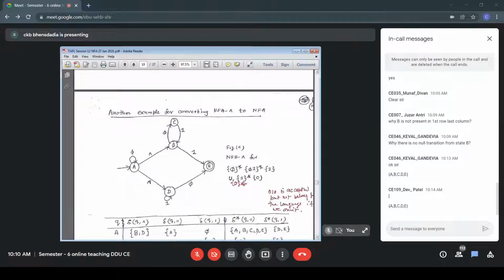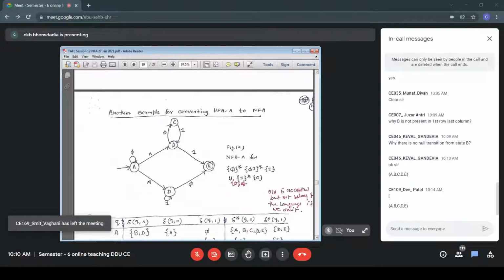Delta star A0. A on 0 is A. Null transition to B and D, so B, D will automatically come. We consume 0 in state A, therefore the answer is A. After consuming 0, answer is A. Then there are 2 null transitions, so B and D will automatically come. A, B, D automatically will come. The second option, we don't consume 0. So A to B on null, so far 0 not used.